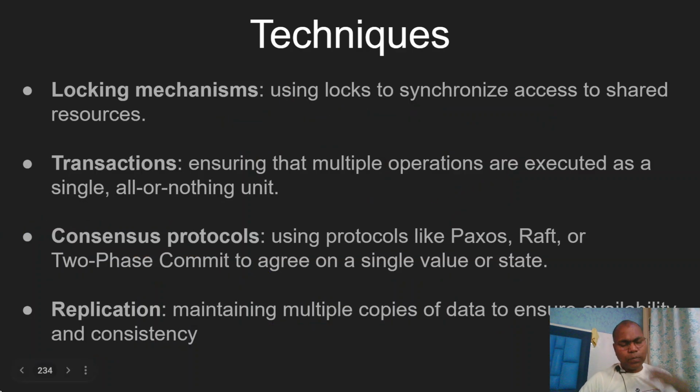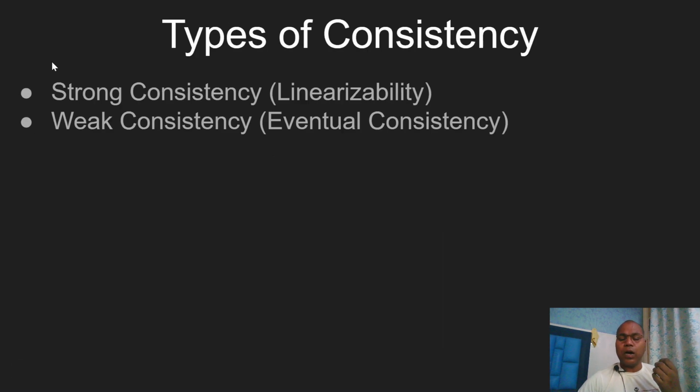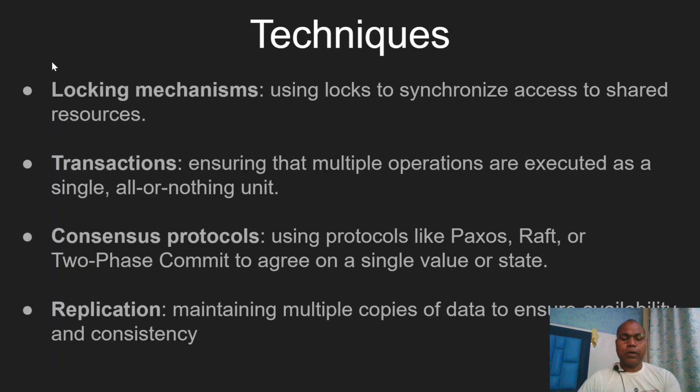There are lots of techniques available to ensure data consistency: basic synchronization, transactions, atomic locking, ACID properties, consensus protocols, and data replication. These help ensure that whatever system you are designing has some level of data consistency.